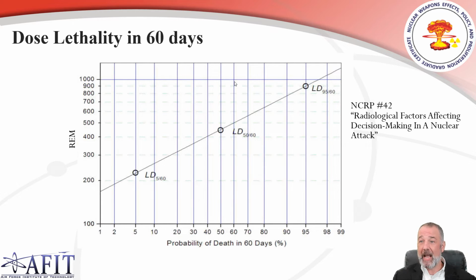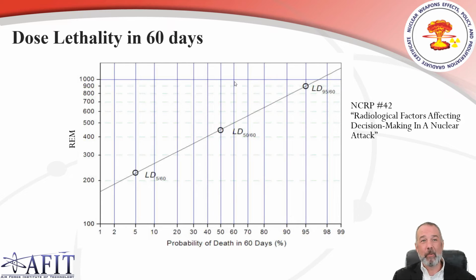Now what we're looking at here is LD-something in 60 days. This comes from the National Council on Radiation Protection, which is different from the International Commission on Radiological Protection. Just believe it. No, it really is a thing.